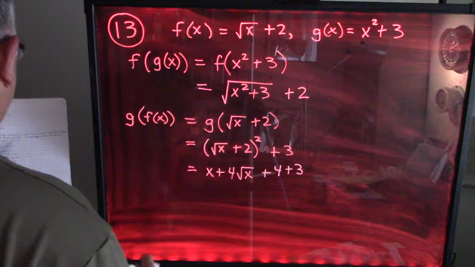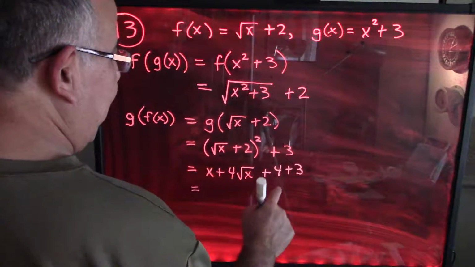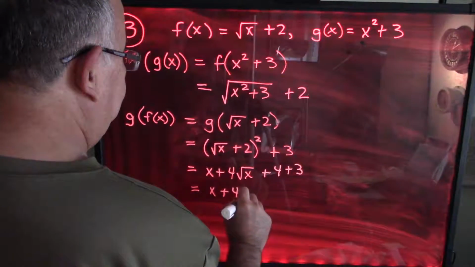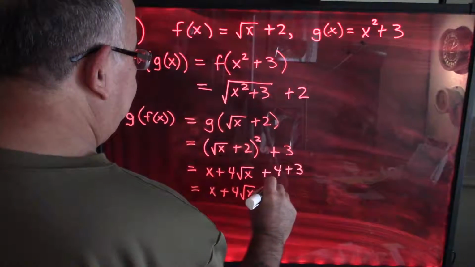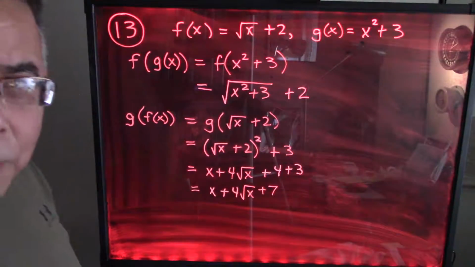And then the plus 3 at the end. So the only simplifying we can do here is adding the 4 and the 3. So that's x plus 4 square root of x plus 7. And that's it for that one.